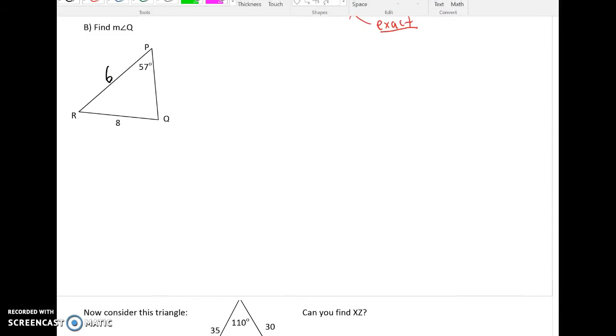So what you want to see is, do you have a pair of opposite sides and angles? I've got a 57, and opposite 57 is 8. Awesome, that's what I mean by one pair of opposite sides. We want to see, do we have another pair? Well, remember, I'm looking for angle Q. So angle Q is the angle I'm focusing on, and opposite angle Q is that 6. So awesome, I do have two pairs of opposite sides and angles.